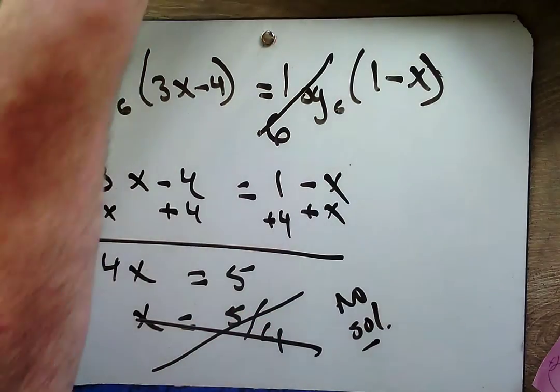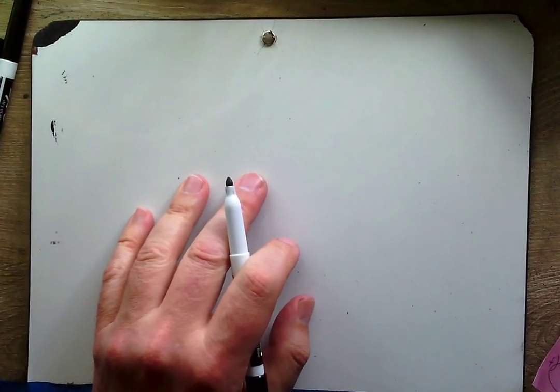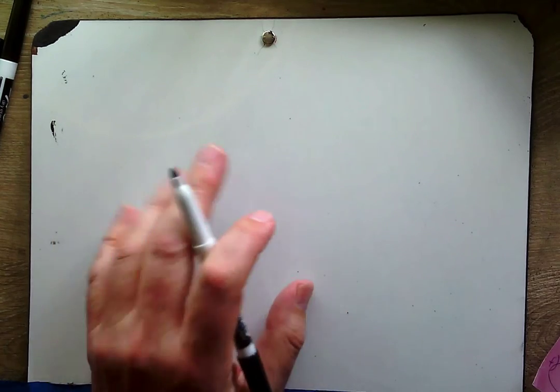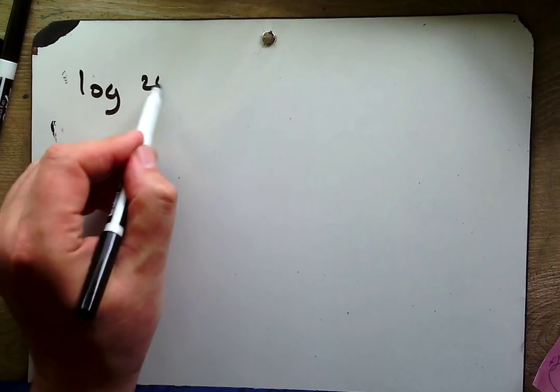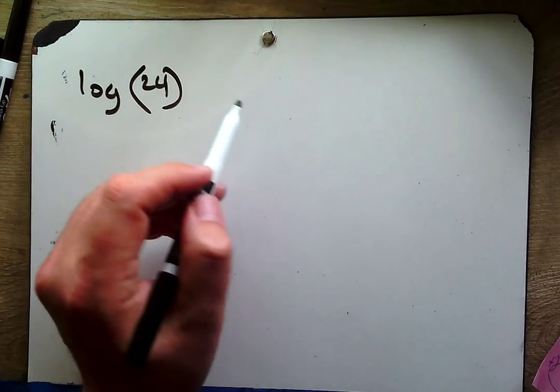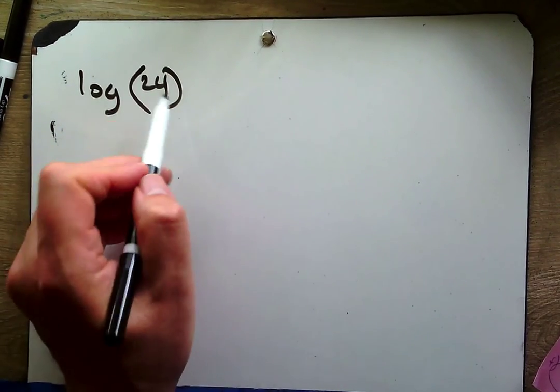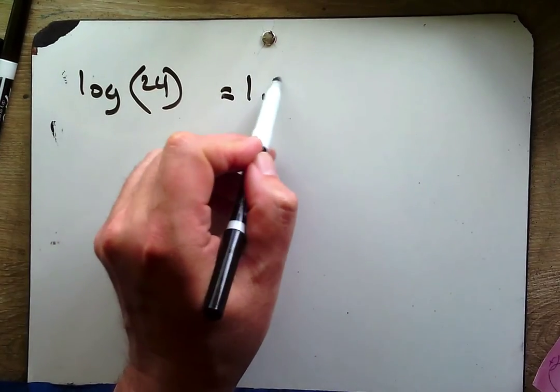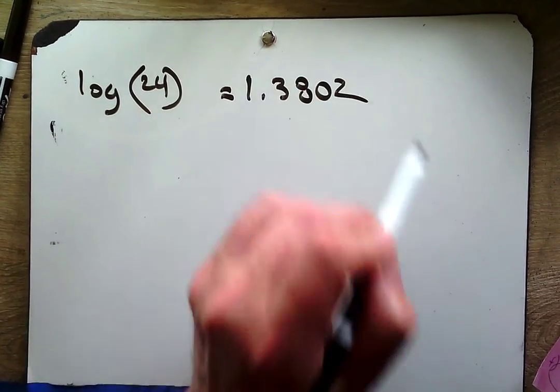Okay. Next, let's talk about these properties. So I kind of want to notice something. Log of 24. When I do this on my calculator, I get 1.3802.